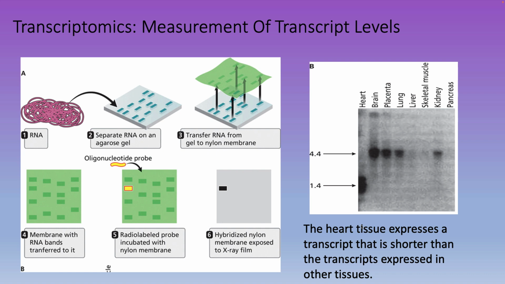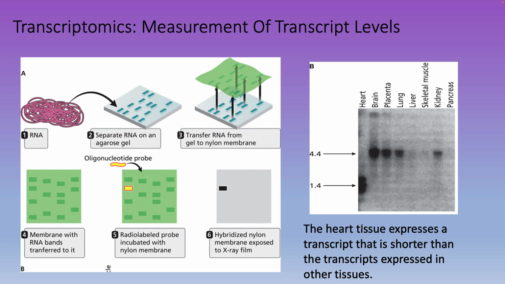And so on the right here, you can see an example where we see an alternative transcript, something that was much smaller than what was typically expressed in other tissues. So in this case, whatever transcript we're looking at here, in brain and placenta and lung and kidney it was expressed as a transcript approximately 4.4 kilobases long, whereas the transcript expressed in heart was 1.4 kilobases long.